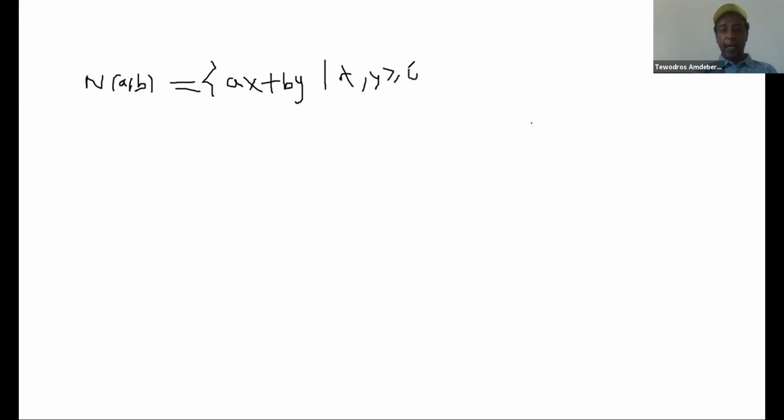And here we must insist that this is a multi-set. If numbers are repeated, you have to repeat writing them. So for instance, N(1, 4). If you do this, you're going to get a multi-set. Is it possible to get 0? Yes, I can get 0 by putting X and Y to be 0.